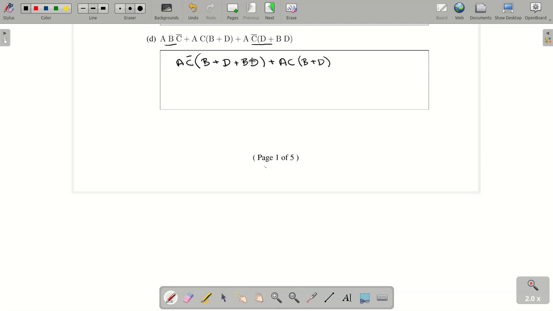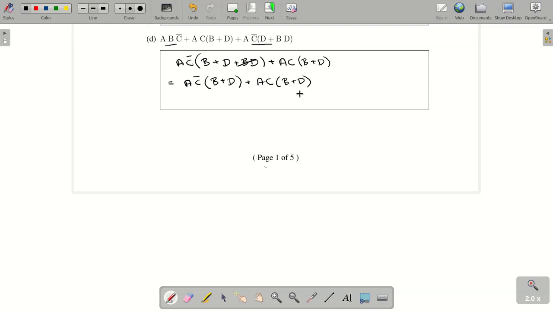This is redundant, so you can just cut this off, because when B is high, right, it's already true, and D is high, it's already true. So this is redundant. You can just cut this part off straight, right? So what you get is you have A, C, B, or D, right, plus A, C, B, or D.